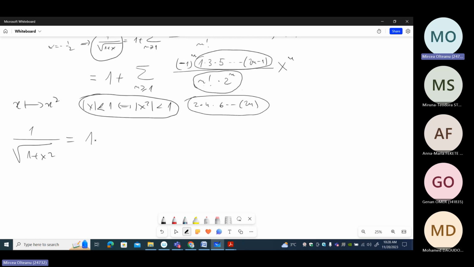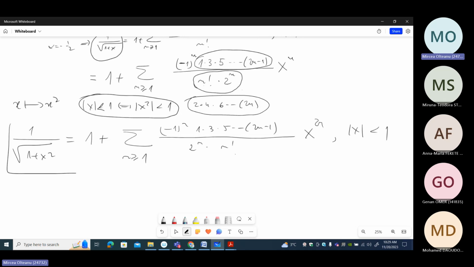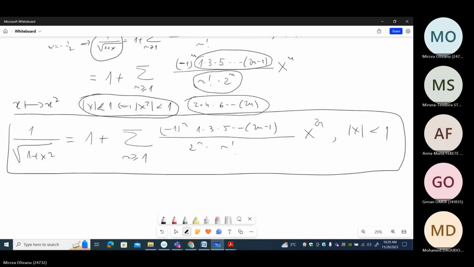So we get 1 plus the series starting from 1, minus 1 at n, 1 times 3 times, and so on, 2n minus 1 over 2 at n times factorial, times x at 2n with modulo of x less than 1. So this is the power series of the derivative of our function.